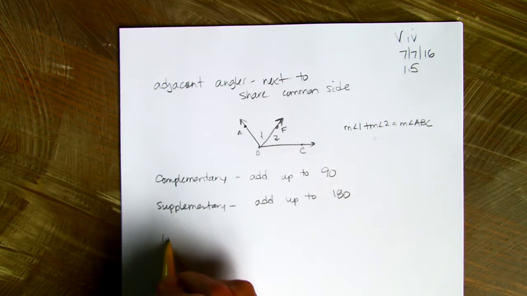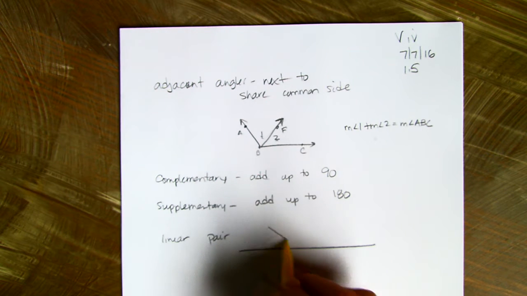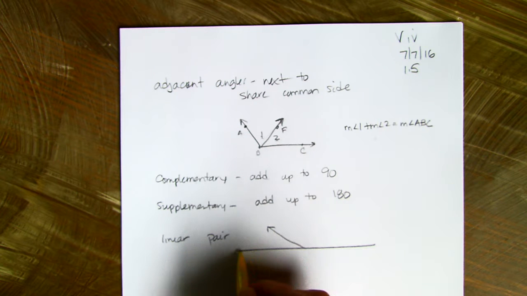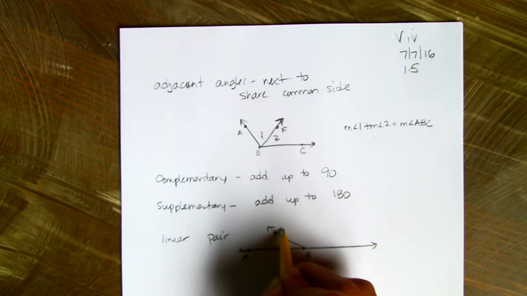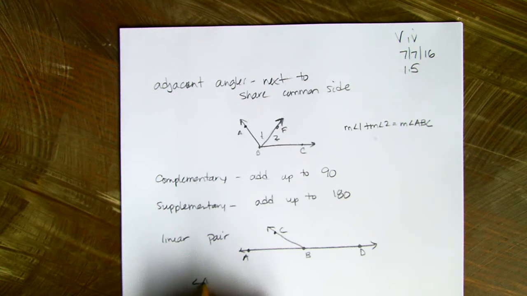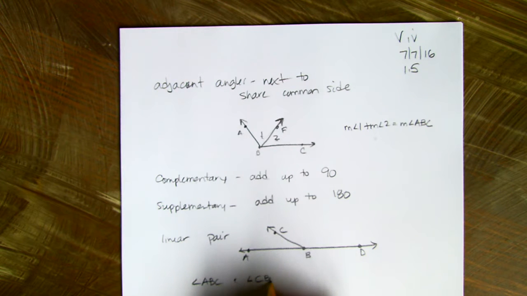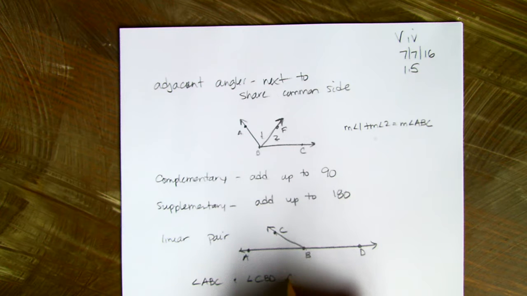A linear pair. Now, a linear pair is more specific. They are adjacent, and they would add up. They do form a line. So, angle ABC and angle CBD. Again, the vertex is in the middle. You have to trace the angles. CBD, ABC are a linear pair.